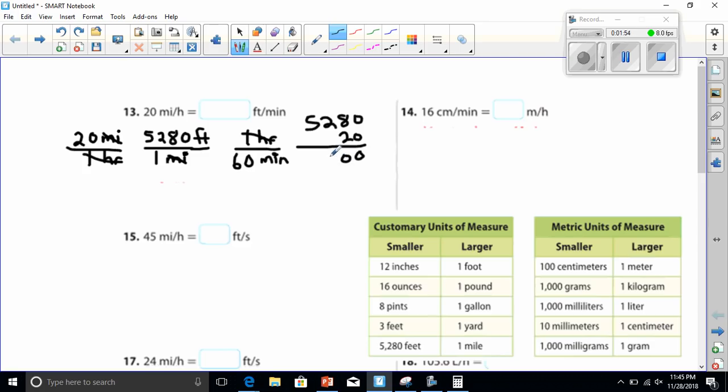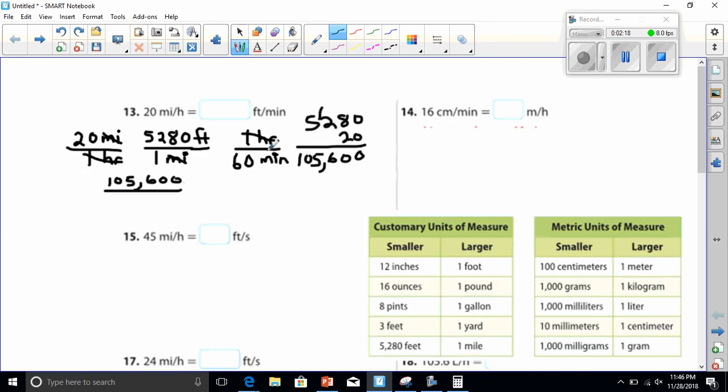This would be 16. Here the 1. That'll be 5. And 5 times 2 is 10. So now we have 105,600.